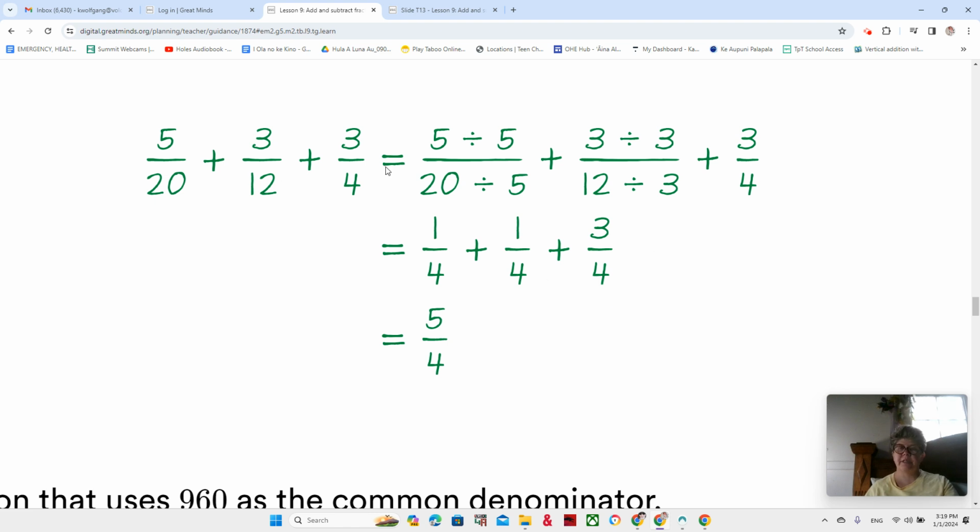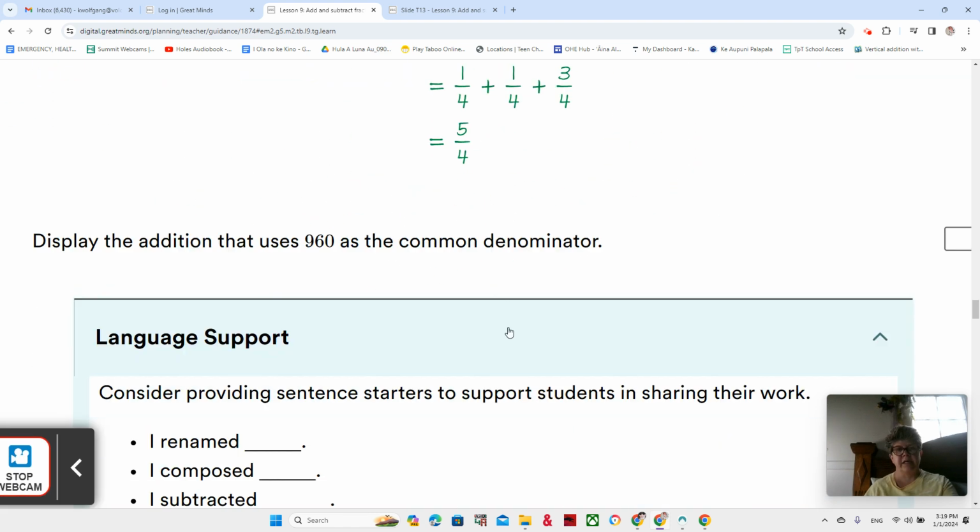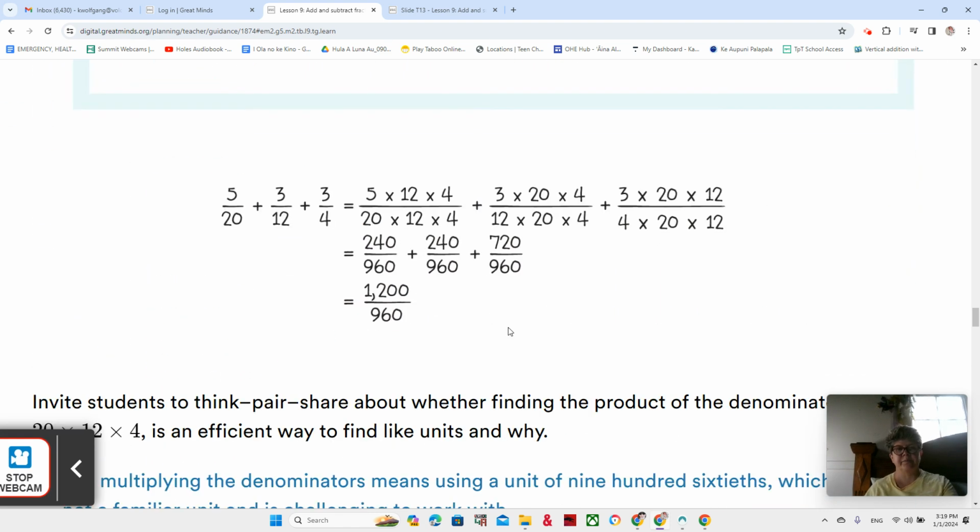So she noticed that you could divide both of these to get fourths, and then added them together to get 5/4, which would be the same as 1 and 1/4 if you're worried about this improper fraction here, right? Now that is pretty efficient, but you do have to know that you can divide to get fourths there, right? Very nice.